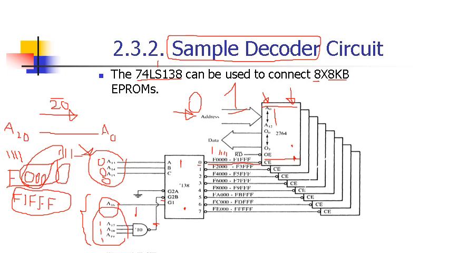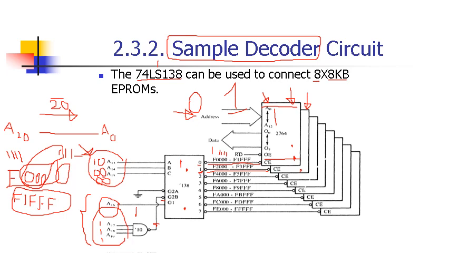If you would like to communicate with the next memory chip, you have to provide A1, B0, C0, which makes your output number 1 from the decoder low, activating this memory chip.